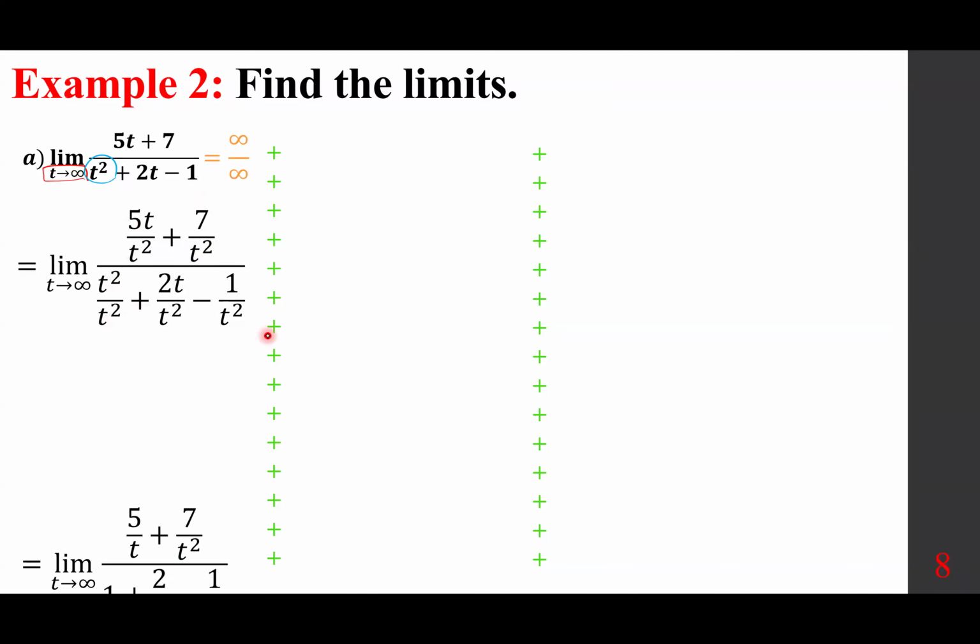The conjugate of a minus b is a plus b. As you know, the product is a squared minus b squared.